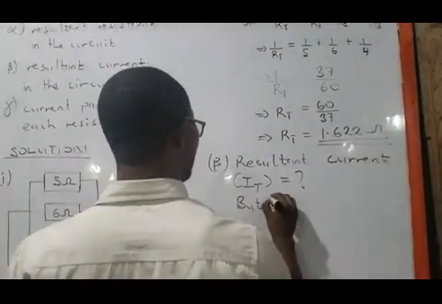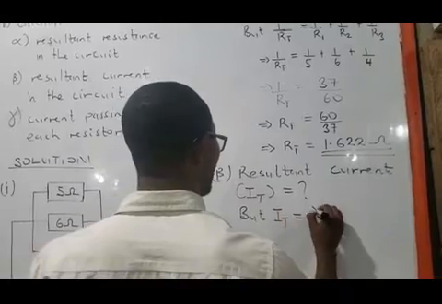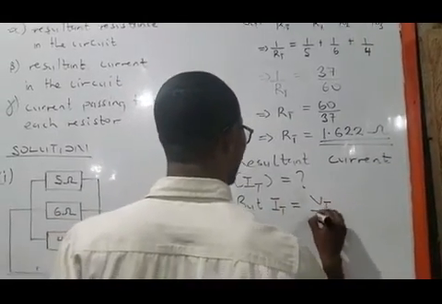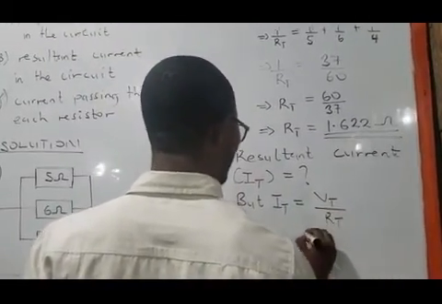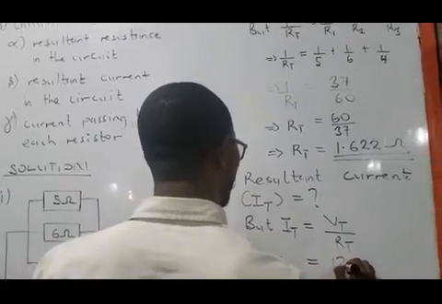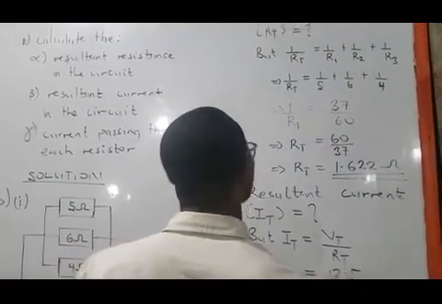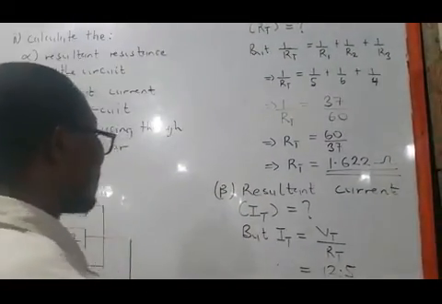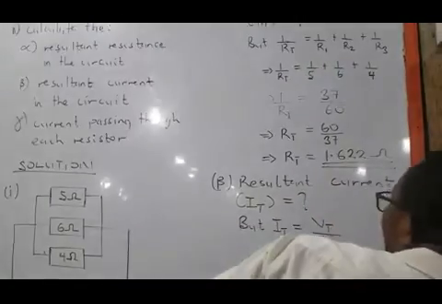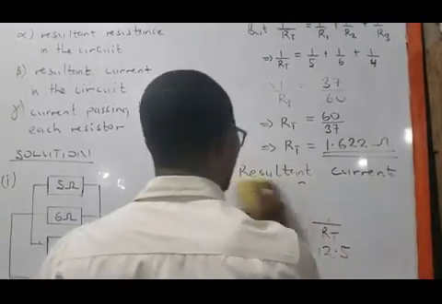You said that the total current is equal to the total voltage over the total resistance. The total voltage from the diagram is 12.5. First of all, let me indicate the resultant voltage.